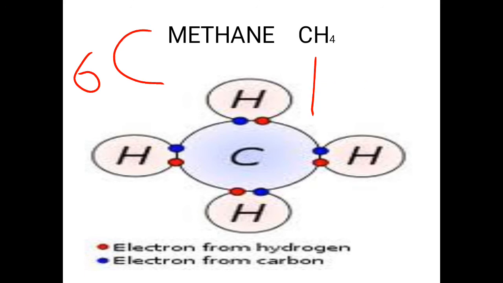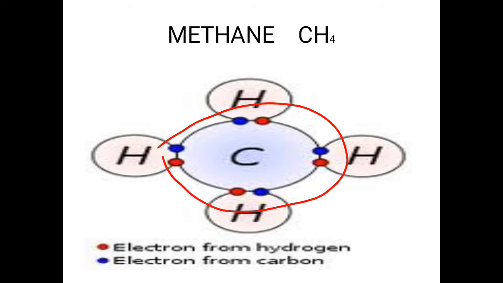As the molecule has 4 hydrogen atoms, and each hydrogen atom has 1 electron in its 1s orbital, carbon has 4 electrons and needs 4 more electrons, and they are coming from 4 different hydrogen atoms. In such a relationship, the carbon atom is completing its octet. You count 4 red electrons and 4 blue electrons.